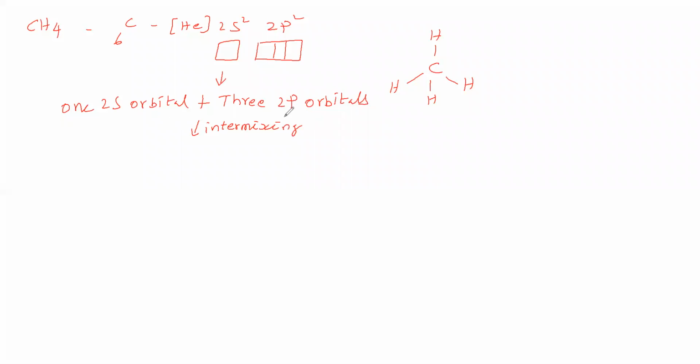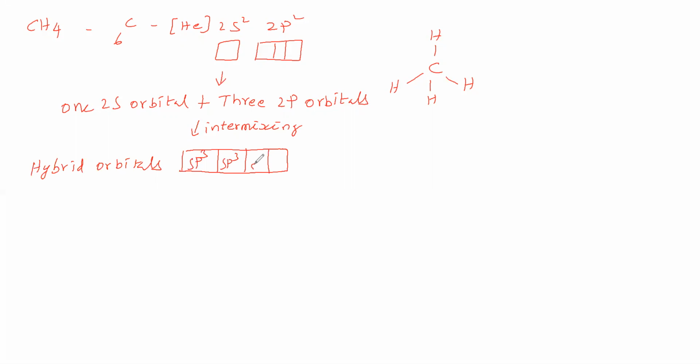So these four atomic orbitals on intermixing give four hybrid orbitals. The hybrid orbital name is sp3. Why sp3? One is an s orbital, three are p orbitals, therefore sp3 hybridization.